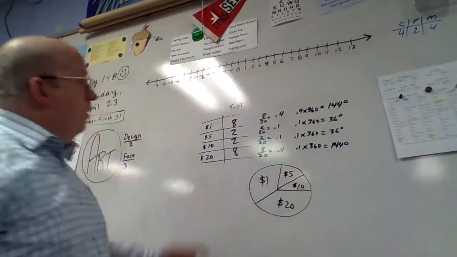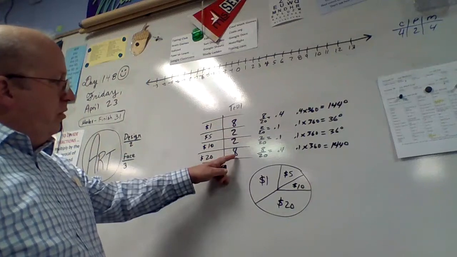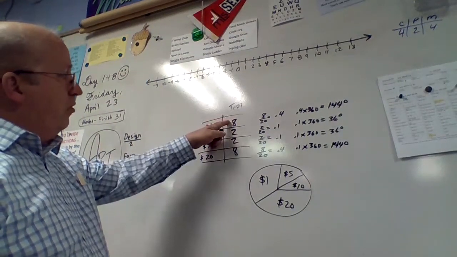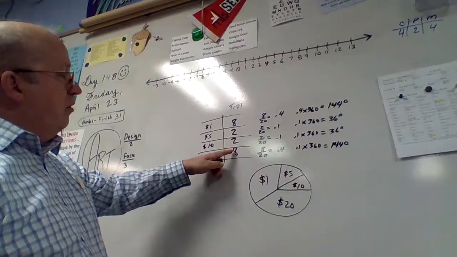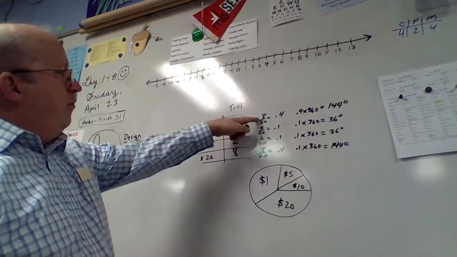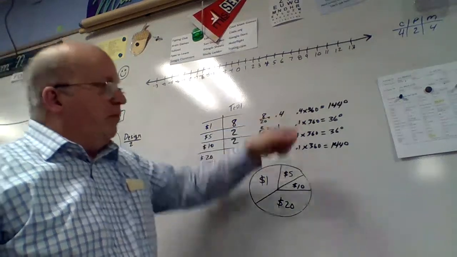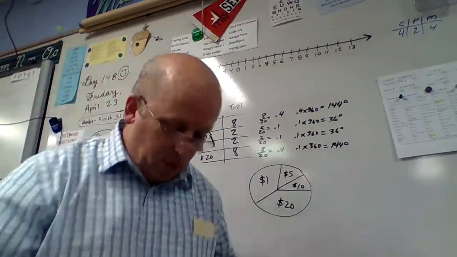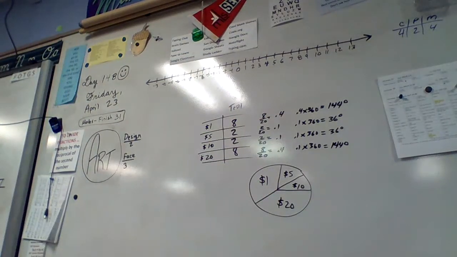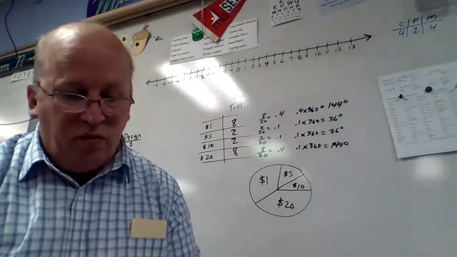So basically, we added up these numbers to get a total amount, which was 20 trillion. And then we made fractions of that total amount, turned them into decimals, and multiplied by 360 to come up with our degree measurements for our pie graph.